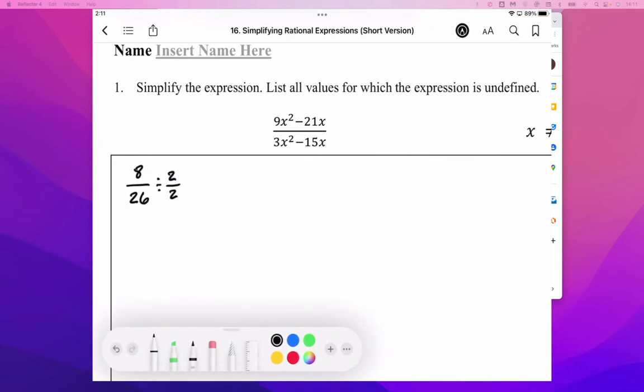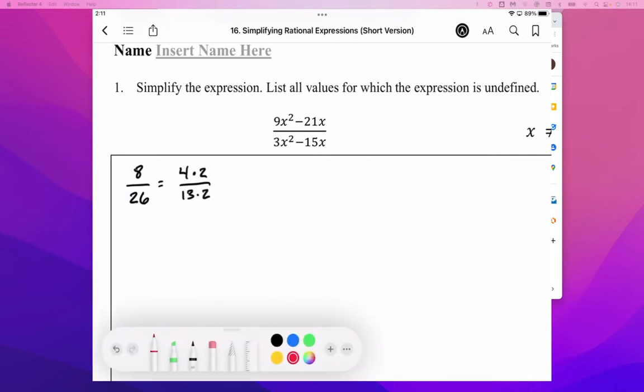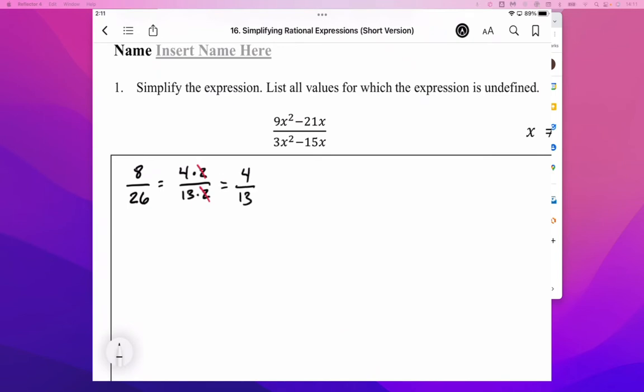Another way to write that, though, instead of saying divide by 2, is to write the numerator as a product and the denominator as a product. So that would be like the same as 4 times 2 over 13 times 2. And since there is a 2 in the numerator and a 2 in the denominator, they would cancel each other out. They would actually divide out, is a better way to say that, and we would be left with 4/13.